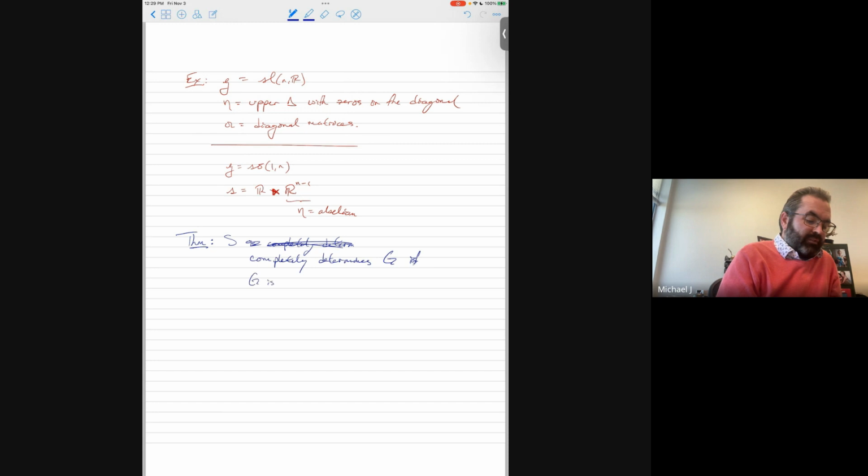If G is of non-compact type and simply connected.